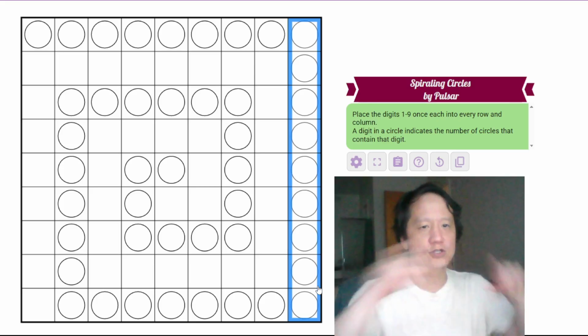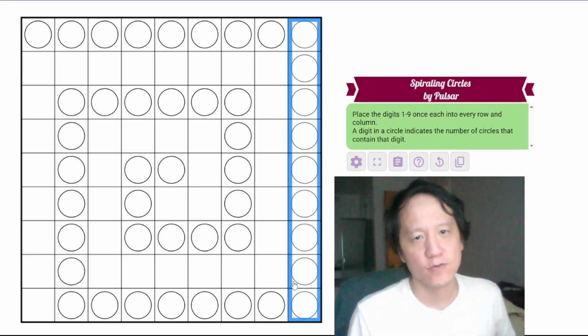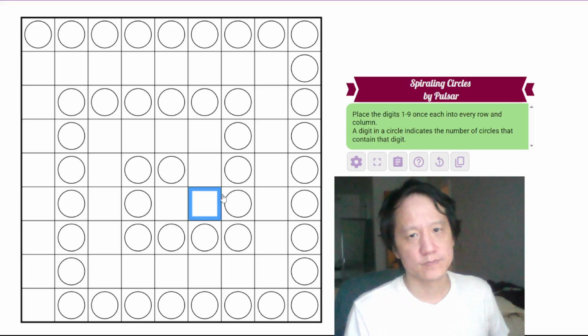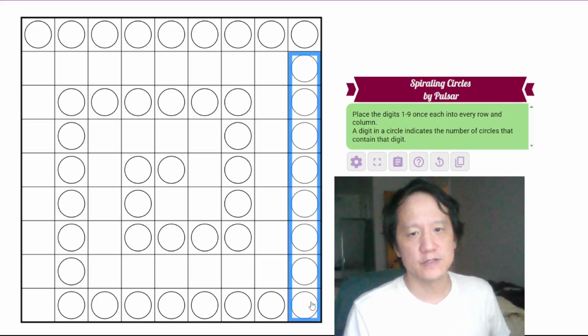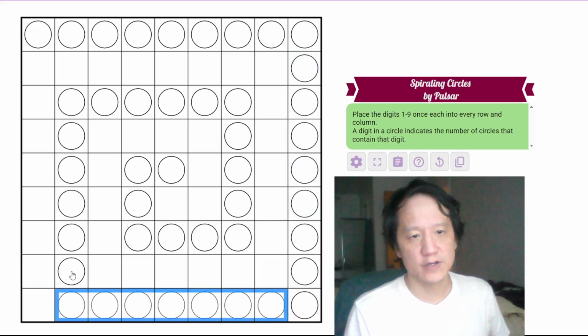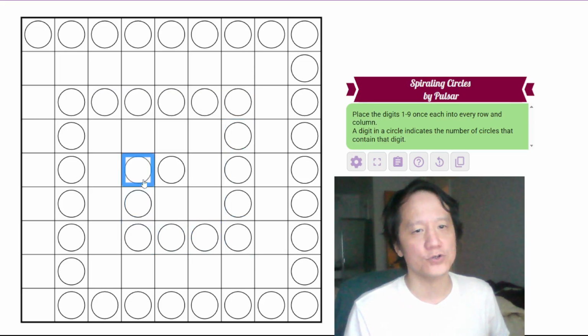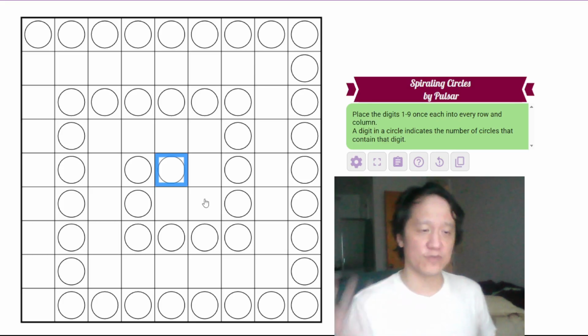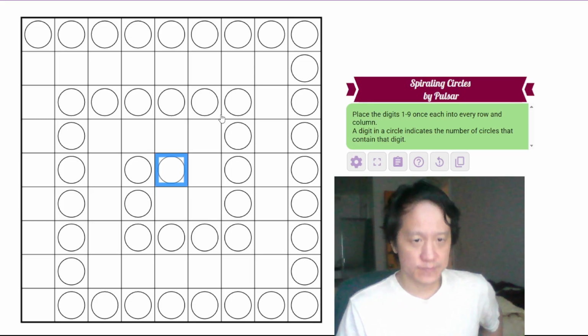That means the total number of circles must be 45. Right? So we have 9, 8, 7, and then 6. Oh, it fits that. 5, 4, 3, 2, and 1. That adds up to 45. Because those were all the digits from 1 through 9.